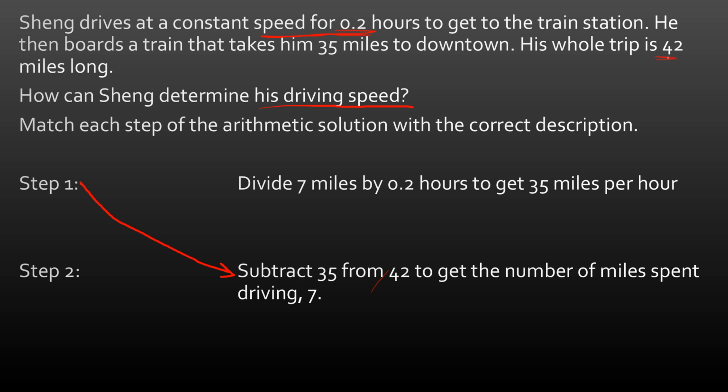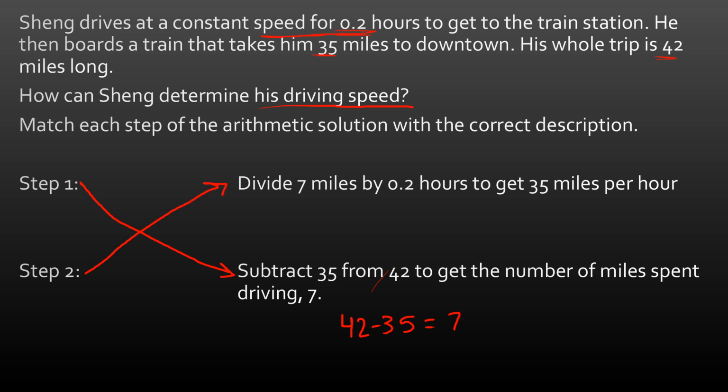Because 42 miles is how long his whole trip is, and 35 miles is how far the train takes him. So to figure out how many miles he drove to get to that train station, I need to do 42 minus 35, and that is going to give me 7. So from his house, or wherever he started, he drove himself to that train station, he had to drive 7 miles, which means our second step is going to be this one.